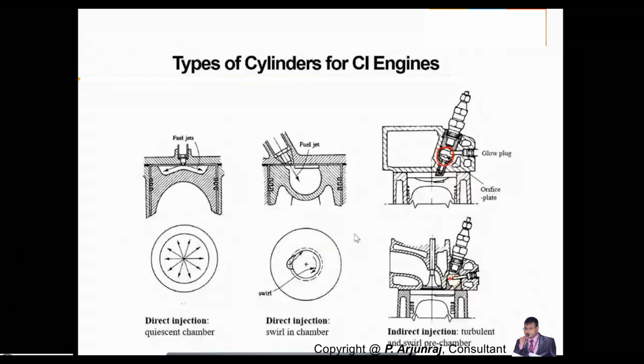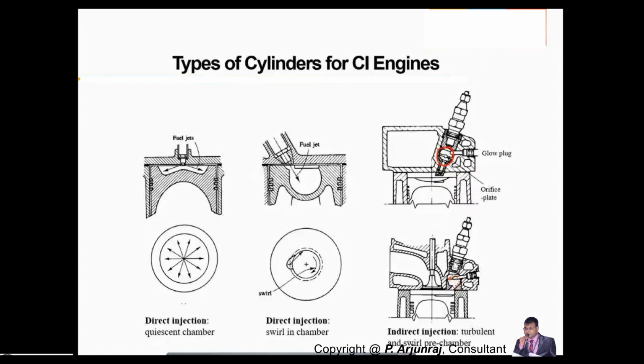You have direct injection. It can be in the form of a spill in the combustion chamber, or the chamber can be a quiescent chamber having a shape like this. And you also have a pre-chamber and the main chamber.